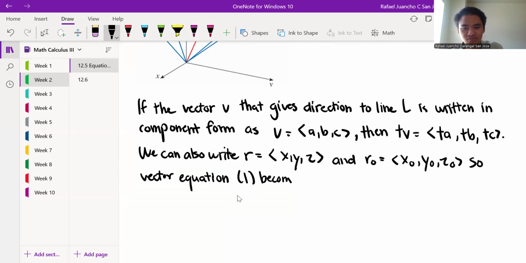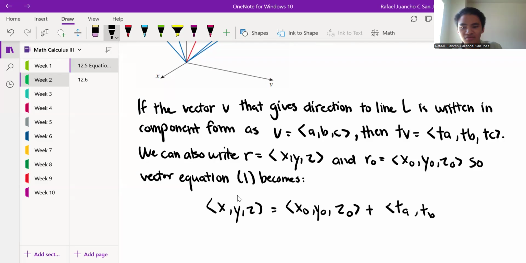It becomes r, x, y, z, equals r naught, x naught, y naught, z naught, plus tA, tB, tC.